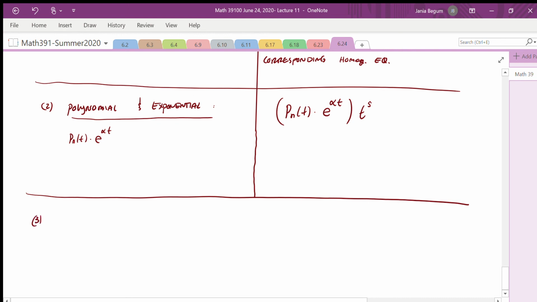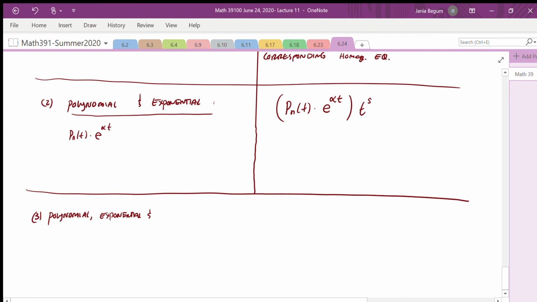So the third case we have is polynomial, exponential, and sine or cosine. So you can have either sine of some bt, that's just an angle, or cosine of some bt.